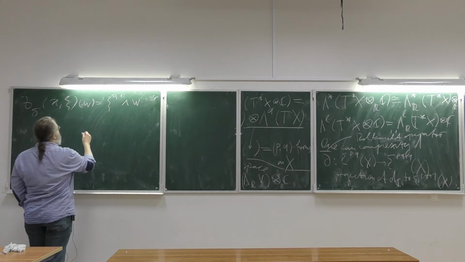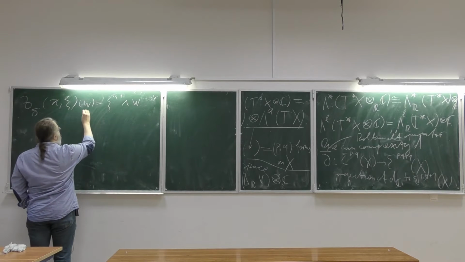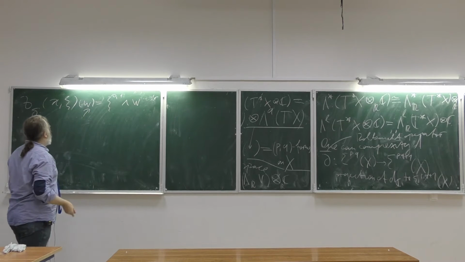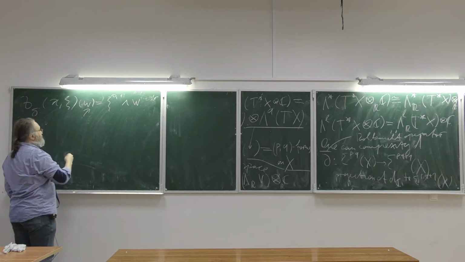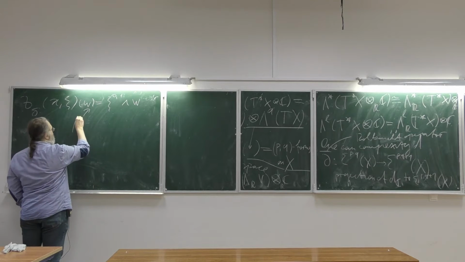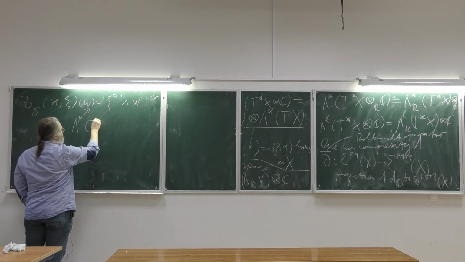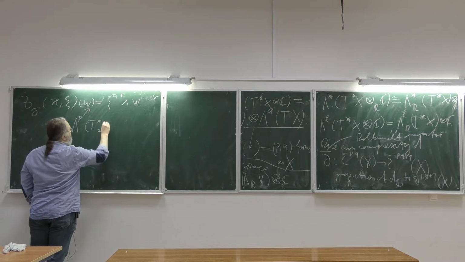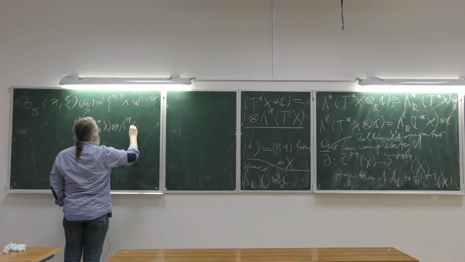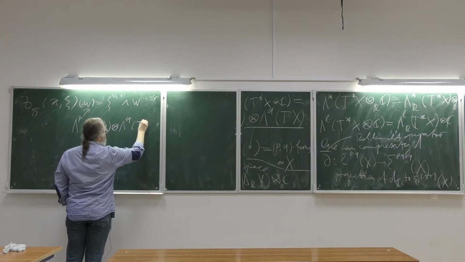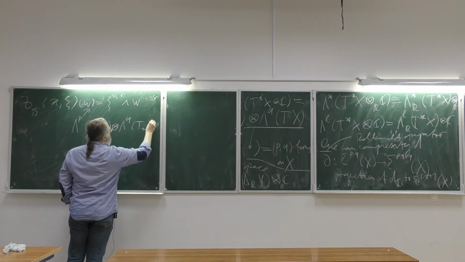Okay, so what is W? W is an element of lambda p of Tx tensor lambda q of Tx.